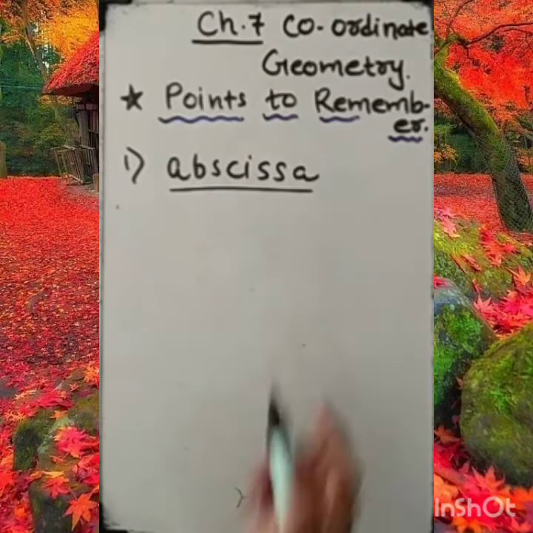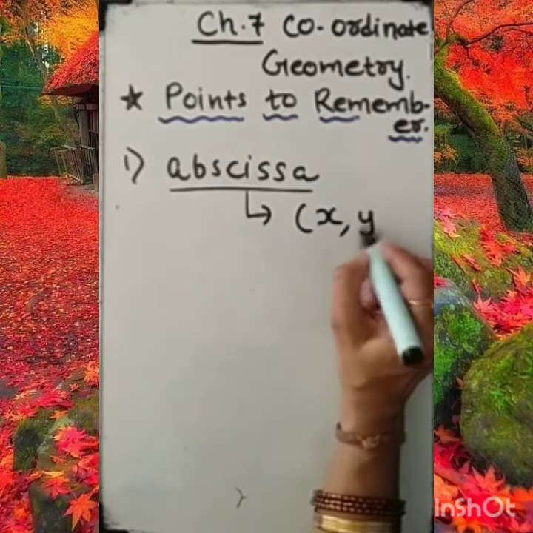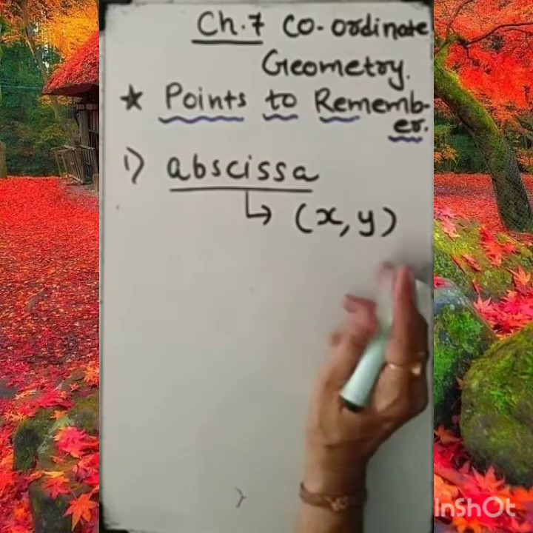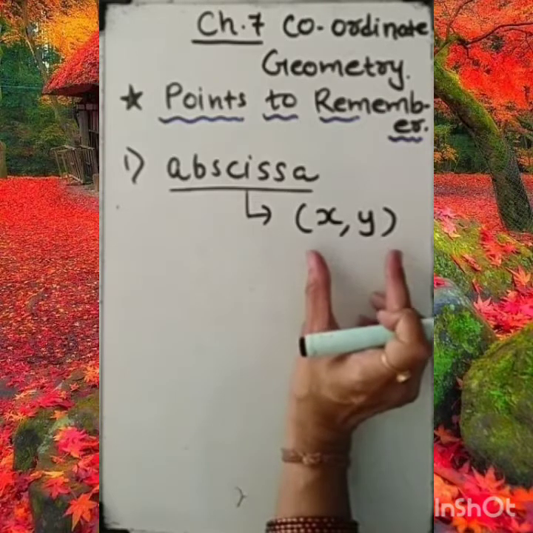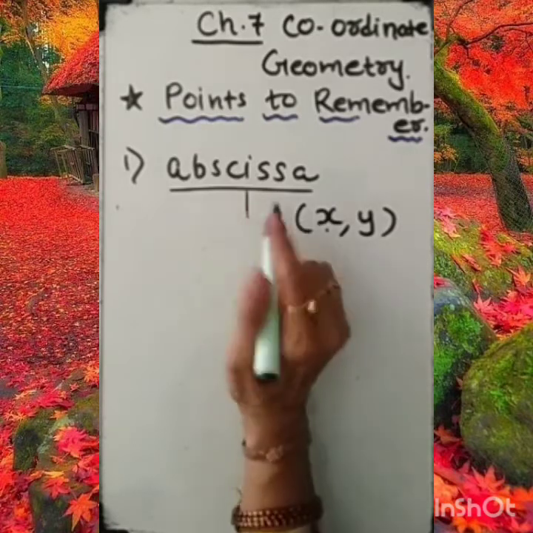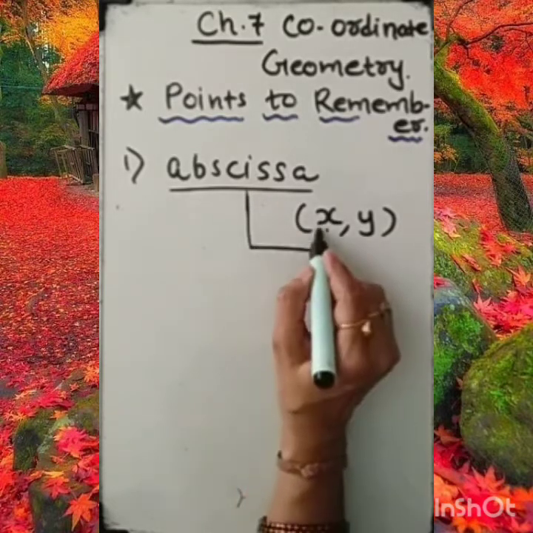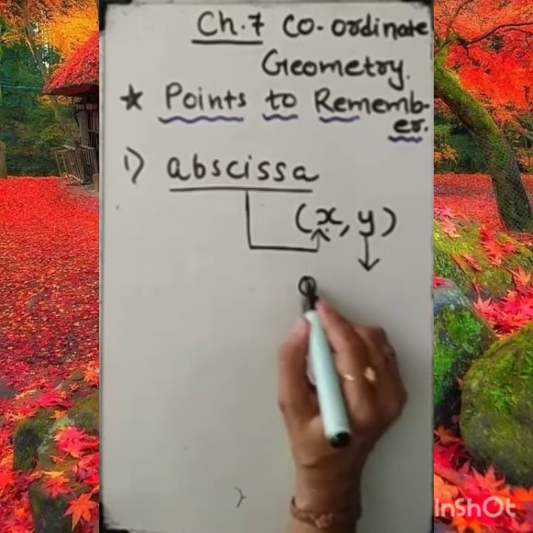Abscissa, you know, is related to the x-axis. Suppose I am saying x and y. These are the coordinates. This xy is called the coordinate of the Cartesian plane. In that, x is known as the abscissa, and of course y is known as the ordinate.